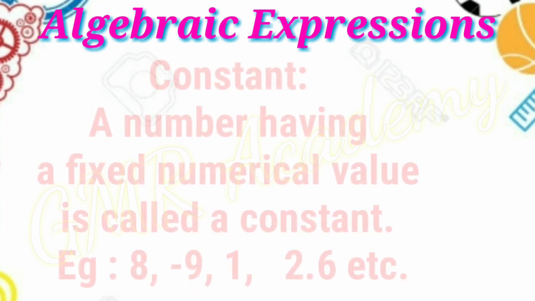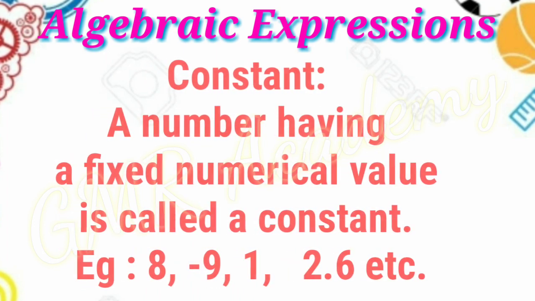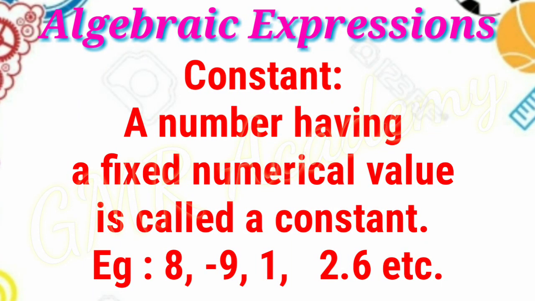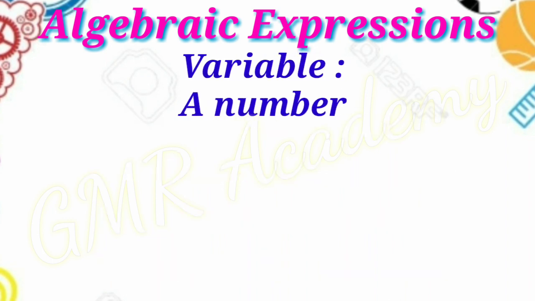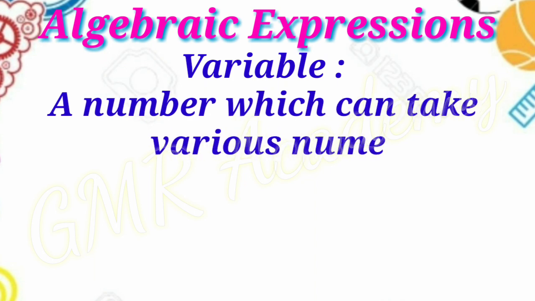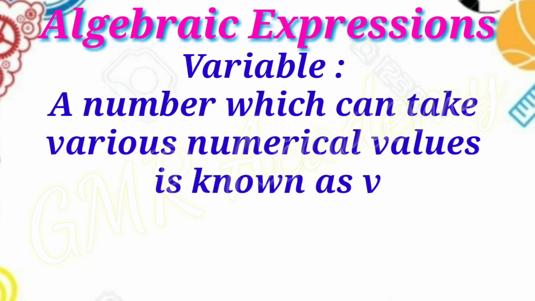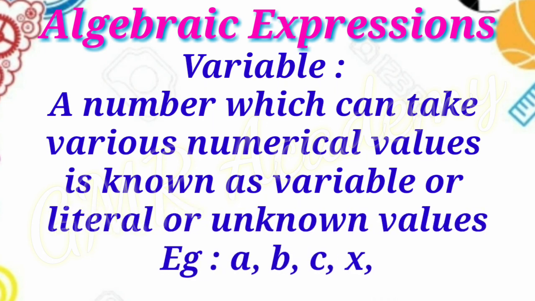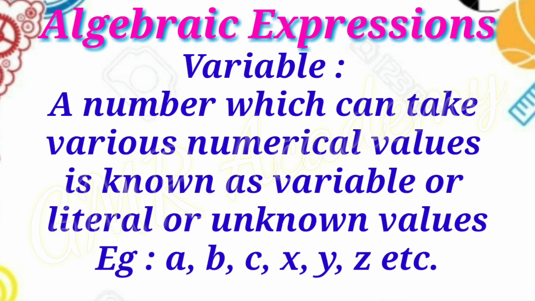Constant. A number having a fixed numerical value is called a constant. For example, 8, -9, 1, 2.6, etc. Variable. A quantity which can take various numerical values is known as a variable, or literal, or unknown value.